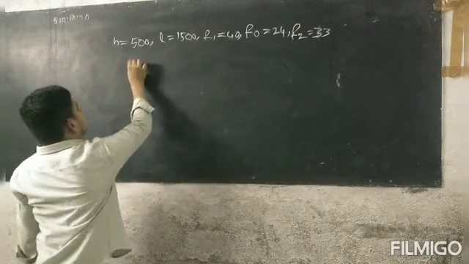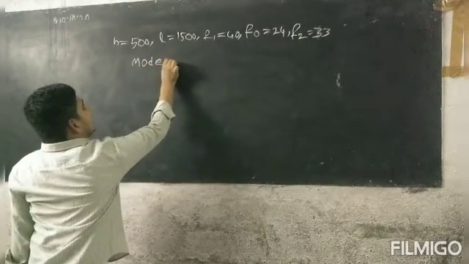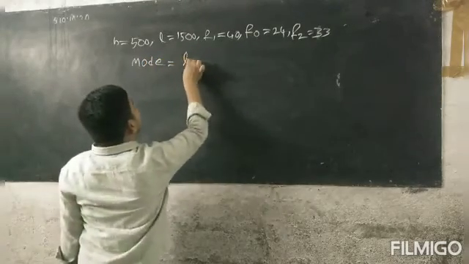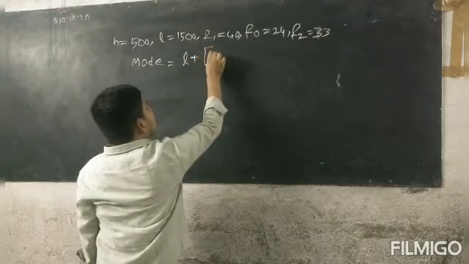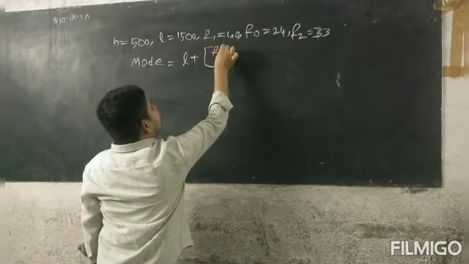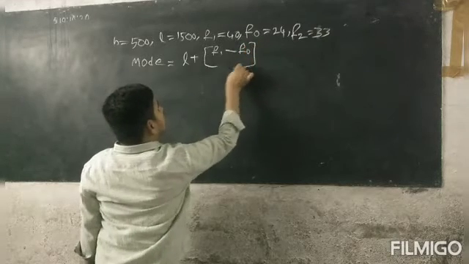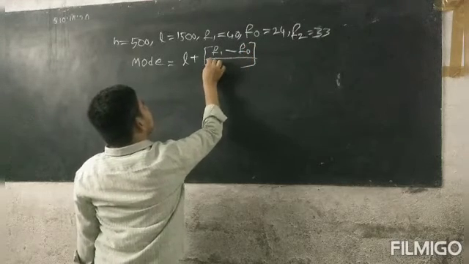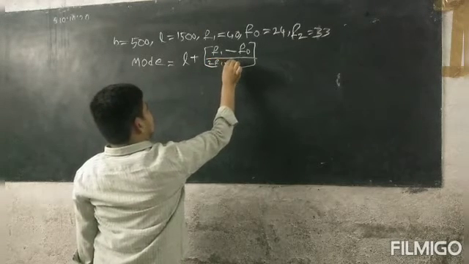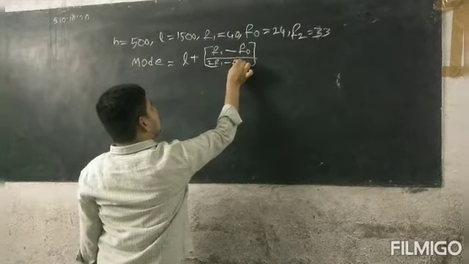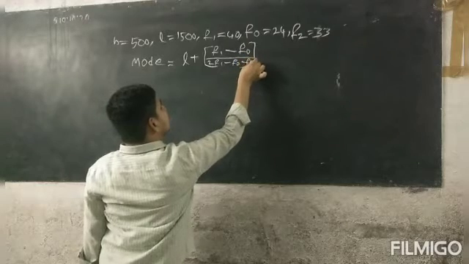Mode equals l plus (f1 minus f0) by (2f1 minus f0 minus f2) into h.